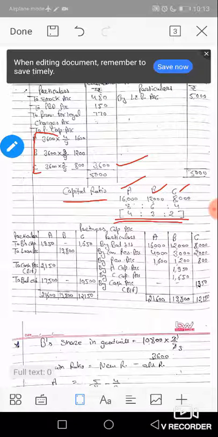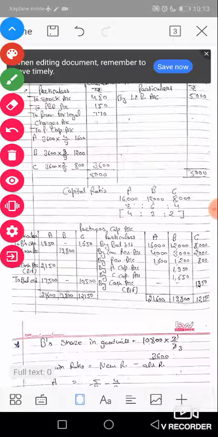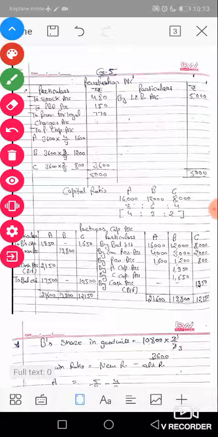Okay, this is our revaluation account. Revaluation account is always prepared the same way. There is no change, whether some assets increase or decrease, liability increase or decrease. If there is a profit in increase or decrease, that is credit, loss is transferred to debit, and the balancing figure of revaluation account is transferred to partners' capital account.